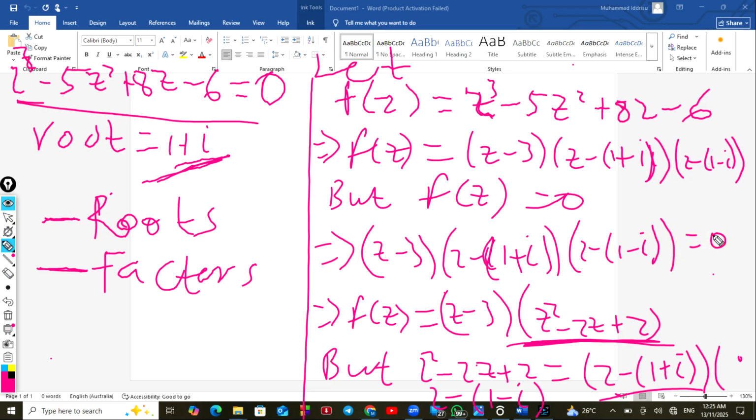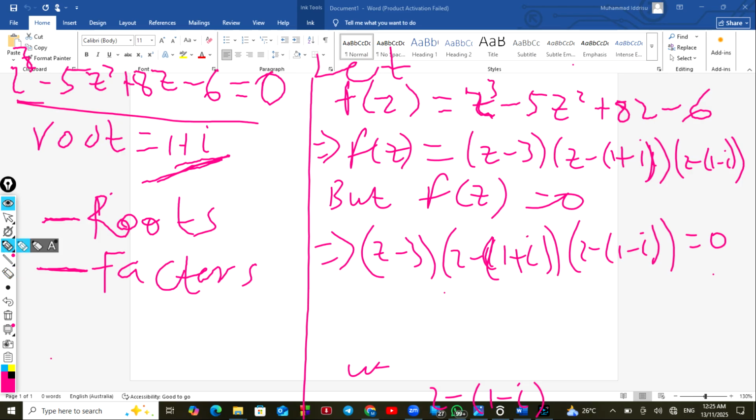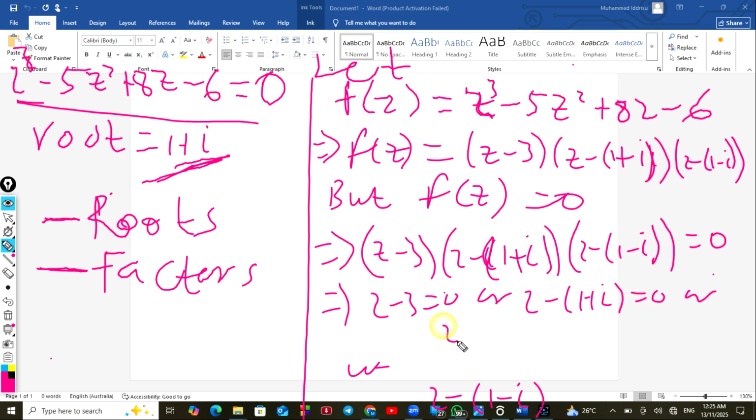is equal to 0. So if we have this equation, it means that we equate the individual terms to what? 0. So this means that z minus 3 is equal to 0, or z minus 1 plus i is equal to 0, or z minus 1 minus i is equal to 0.